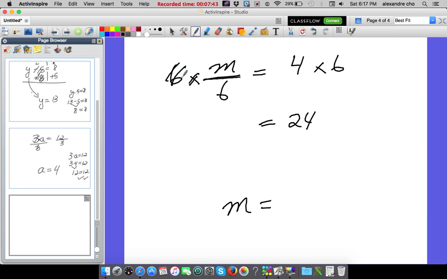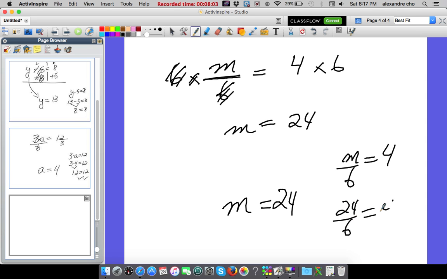Here, this 6 and this 6 will cross out, giving you an m. And there's our answer, m equals 24. Let's see if that works out. M over 6 equals 4. If I substitute and plug it in here, I get 24 over 6 equals 4. And 24 over 6 is indeed 4.